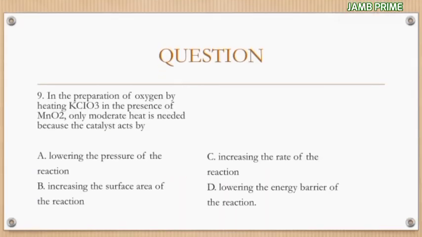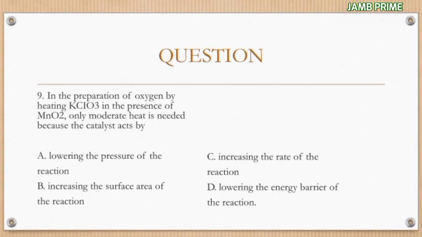In the preparation of oxygen by heating KClO3 in the presence of MnO2, only moderate heat is needed because the catalyst acts by dash.